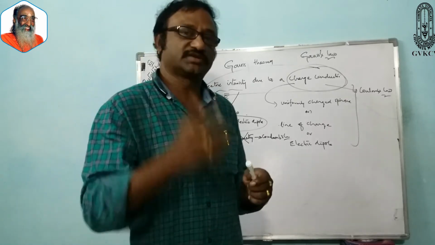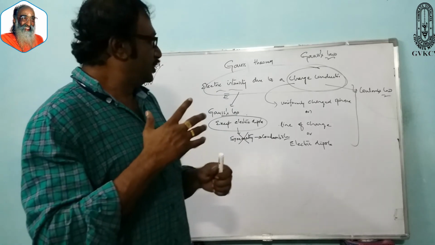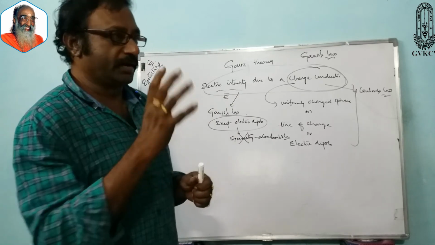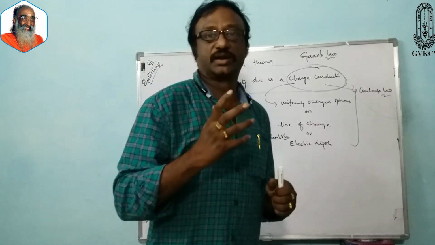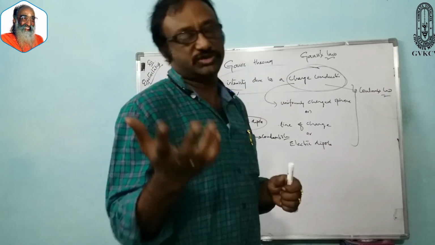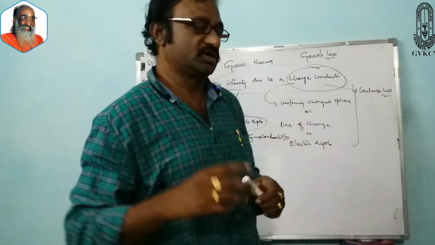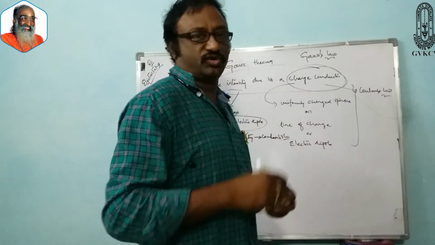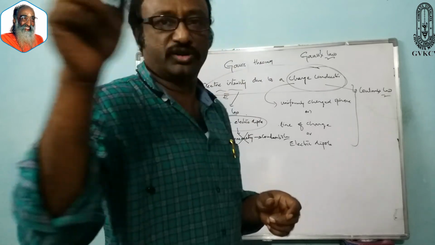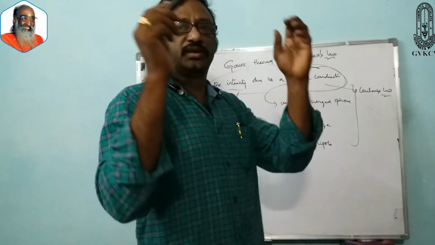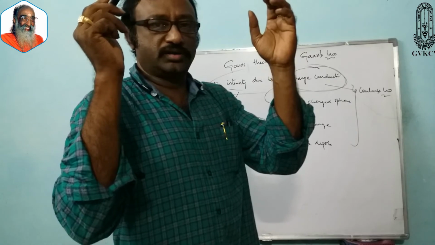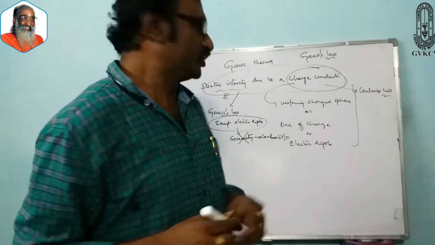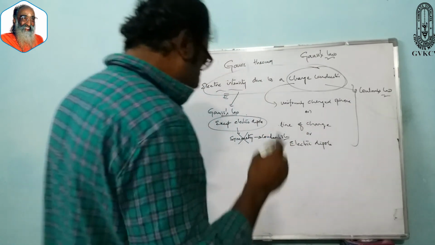The reason is that this is the fastest method, and if the body has symmetry, like a sphere, a cylinder, a plane, happily you can go with this Gauss law instead of Coulomb's law, because while making the calculations it is not necessary to go with 1 by 4 pi epsilon naught and all the calculations. Simply charge divided by a small number, that's enough, and we can complete the problem. So that's why we prefer this Gauss law.